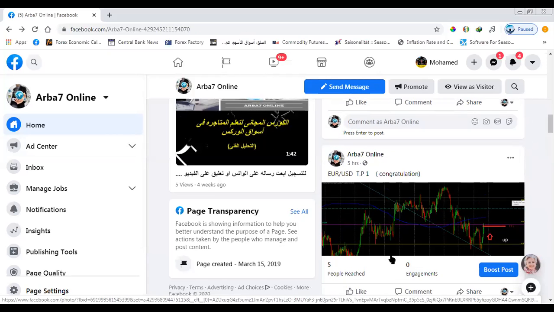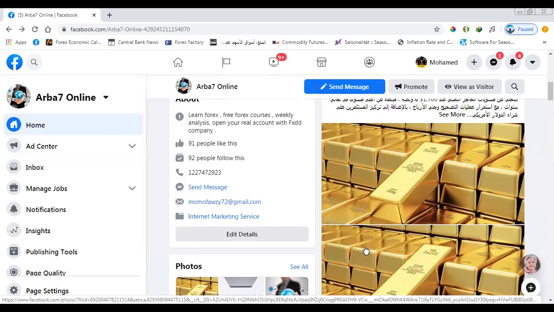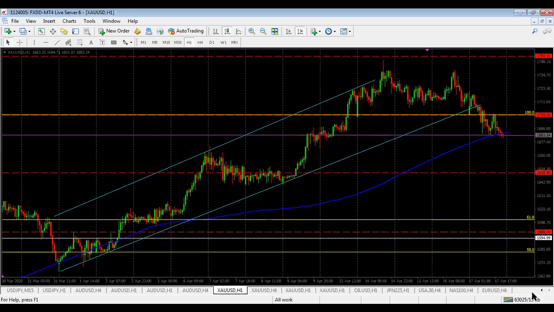It has arrived at take profit 1, but this is for later on. When we finish the course, we will work together, of course, all together. Also with the demo, no problem. You can work on the demo. It doesn't matter that you open a real account now. You can work on the demo with no problem. We have no problem with this.